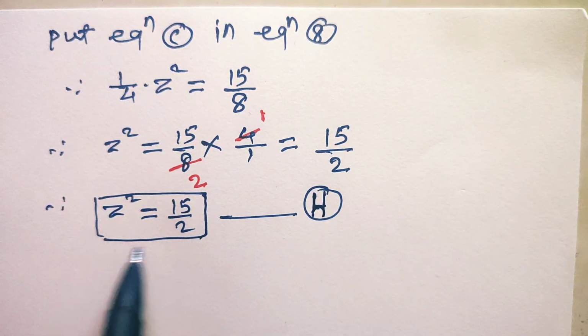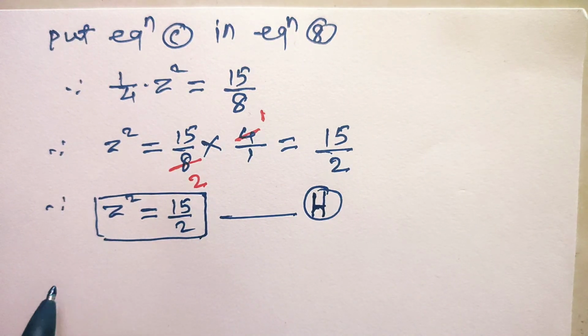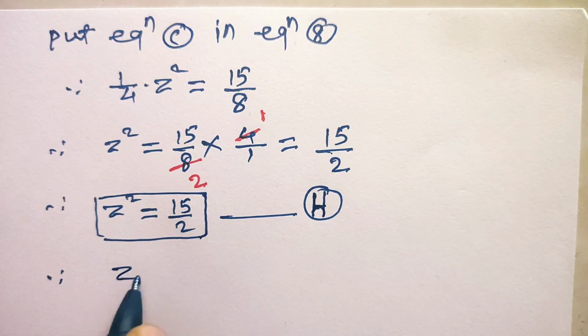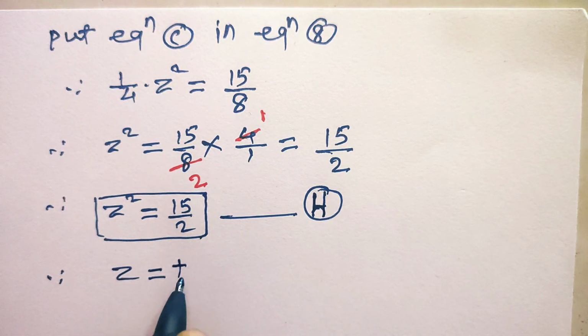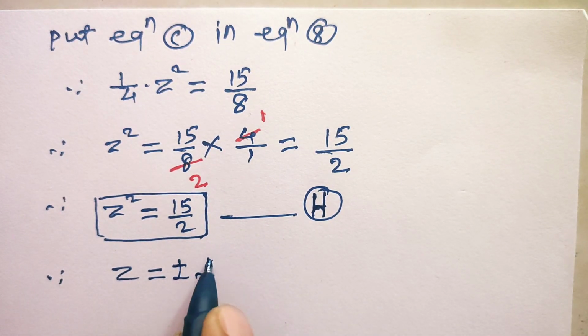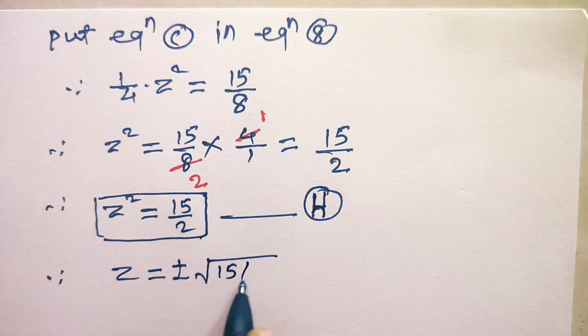Taking square root on both sides of this equation H, this gives z is equal to plus or minus square root of 15 upon 2.